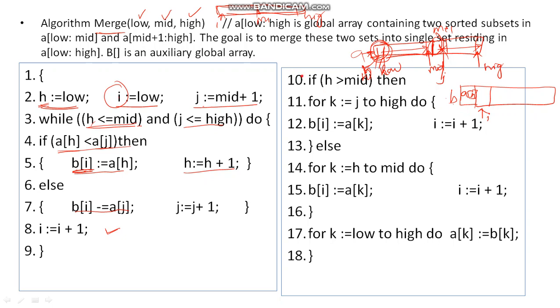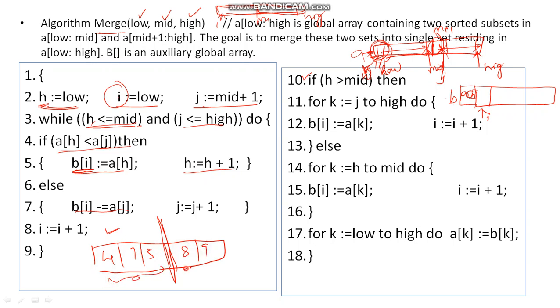Now it may happen that in your array, let us consider one example. Let us say there are two subarrays. This is the first subarray, which contains 4, 7, 5, and the second subarray contains 8, 9, and these two are sorted.